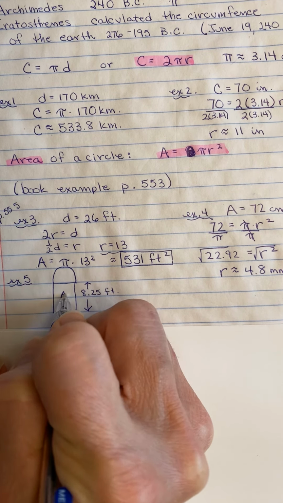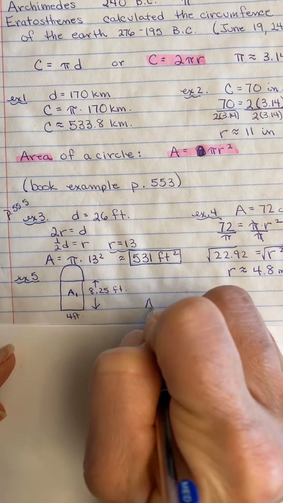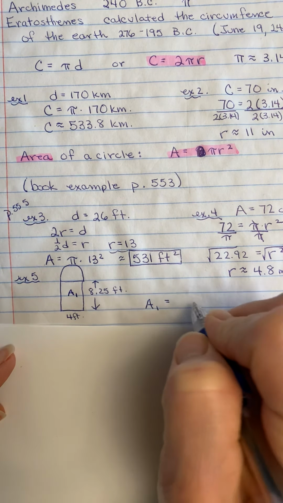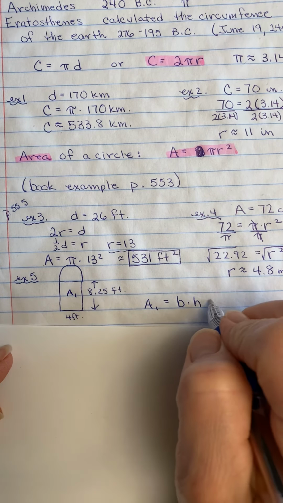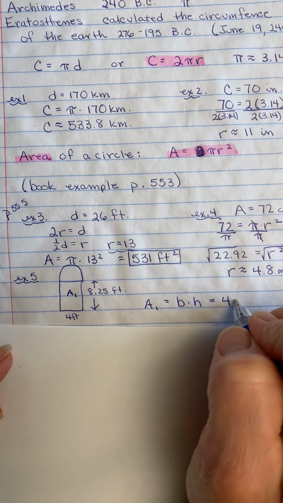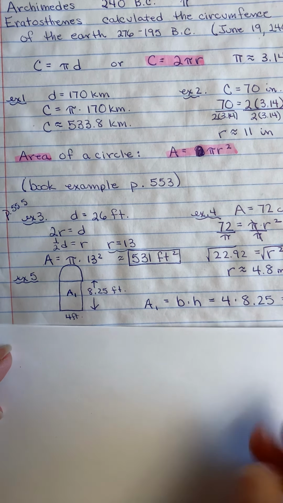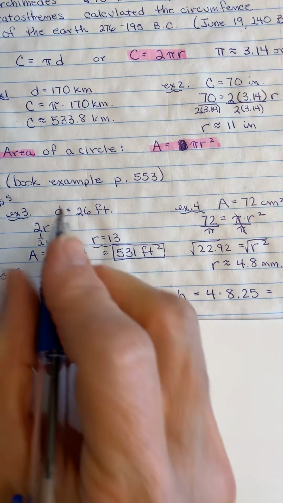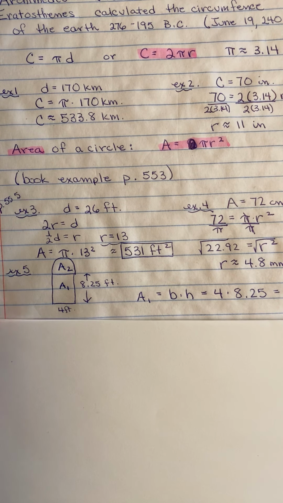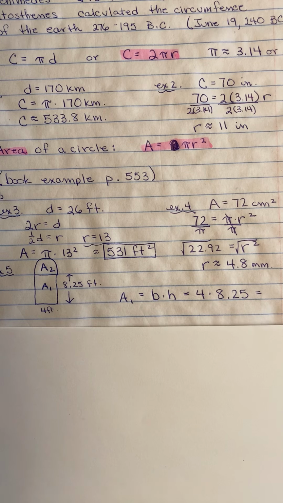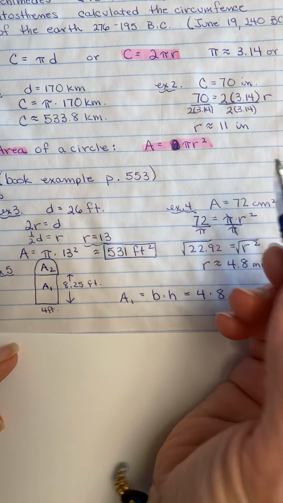We have area 1, I'm going to say, is a rectangle. So area 1 is just going to be base times height because it's a rectangle. So this would equal 4 times 8.25. And we can find that in a minute. And then we have another area that we need to find. The area of a half circle is just going to be 1/2 the formula for the area of a whole circle.